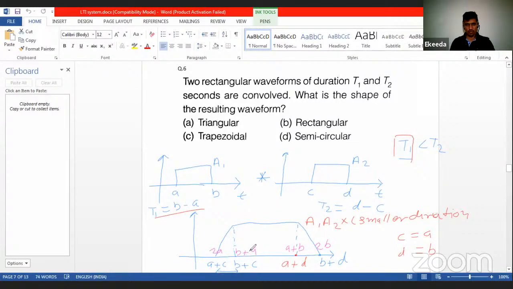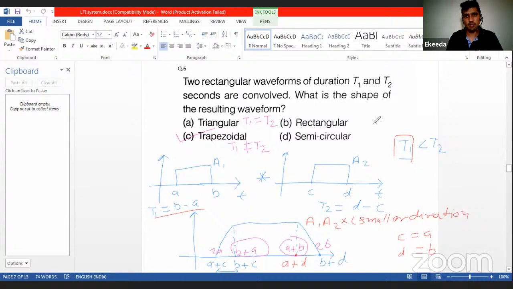So these two will be the same, so it will be triangular. So in our case, since the rectangular durations T1 and T2 are different, it will be trapezoidal when T1 is not equal to T2, and this will be a triangular shape when T1 is equal to T2.